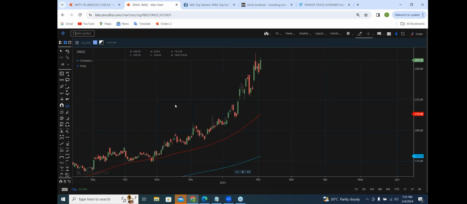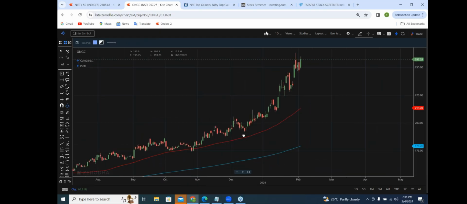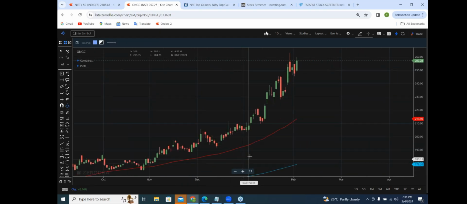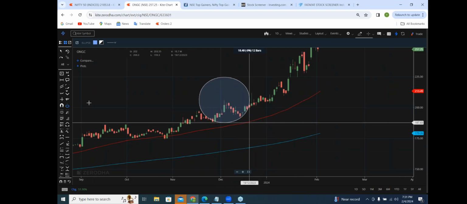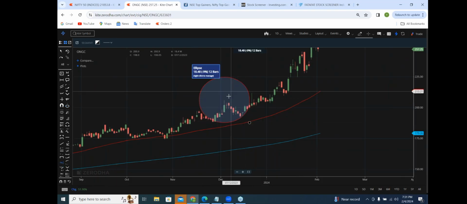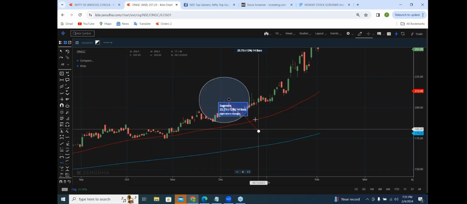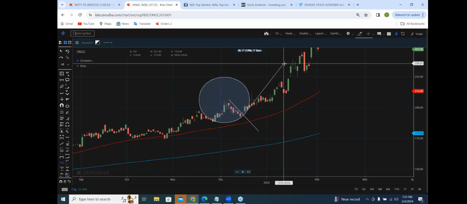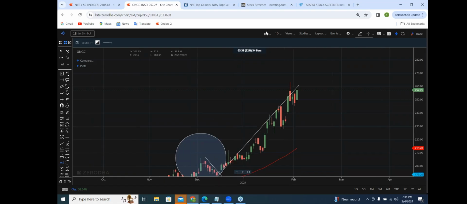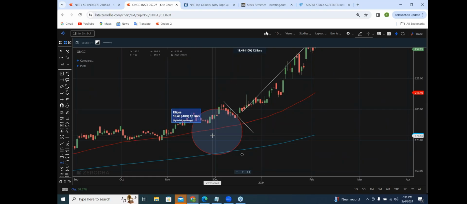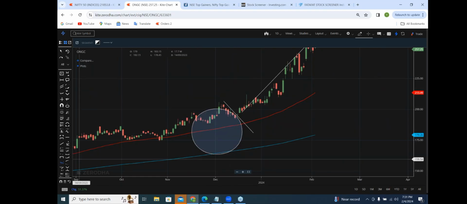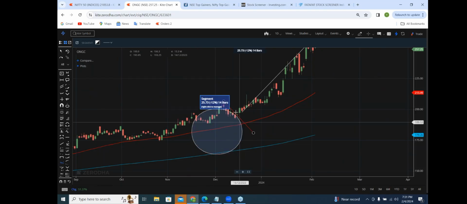ONGC. See, ONGC gave you a lot of buy on dip opportunities. There was a beautiful buy on dip here. So there was a dip and breakout. And if you are trying to keep a stop loss, the stop loss has to be below the bearish trend line, because once this bearish trend line is broken, which was acting as a resistance earlier, it becomes a support.